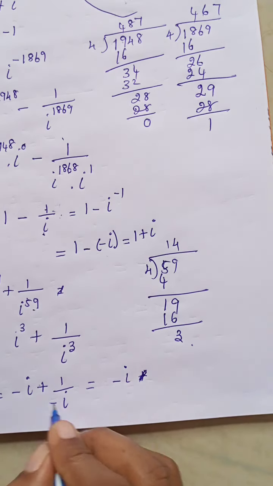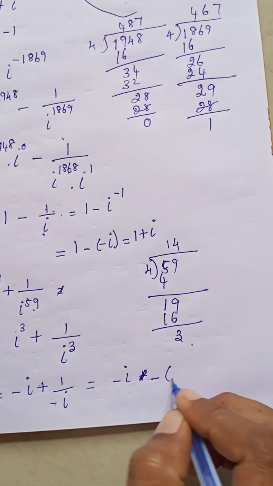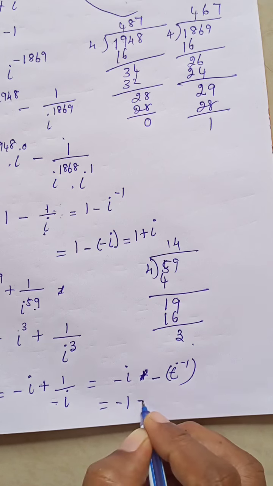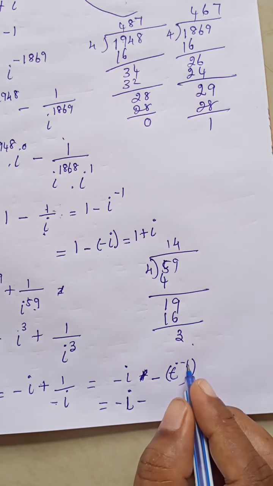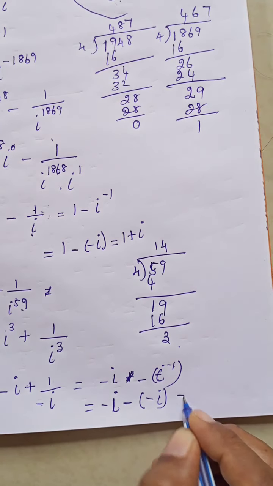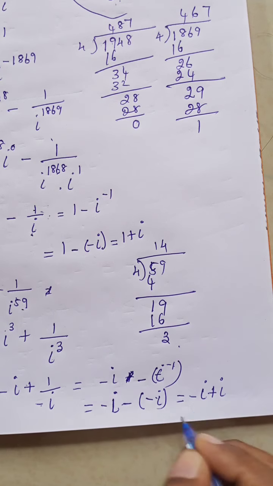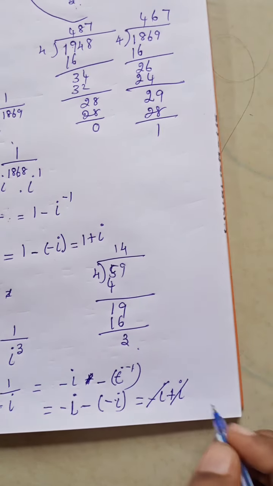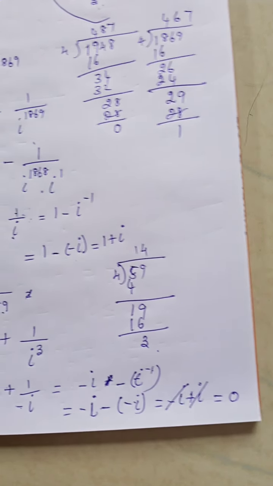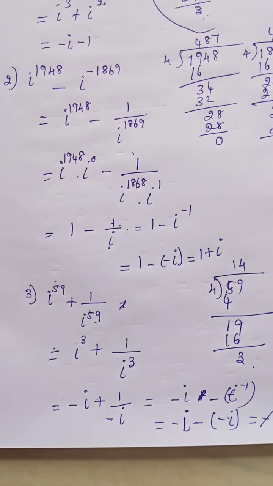There we have a minus, so plus into minus is minus. 1 by i can be written as i power minus 1. Or minus 1 minus i power minus 1. We know that the value is minus i. See here, minus i, minus into minus, plus i. Minus i and plus i will get cancelled. Therefore, our answer is equal to 0. Whichever method you want, you can do it. There is no issue. Okay.